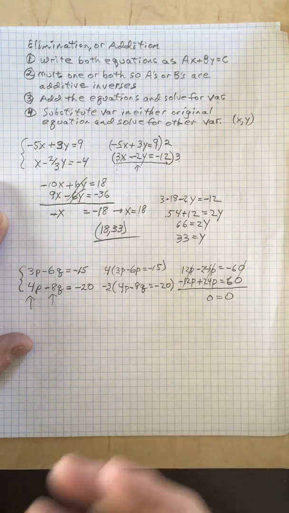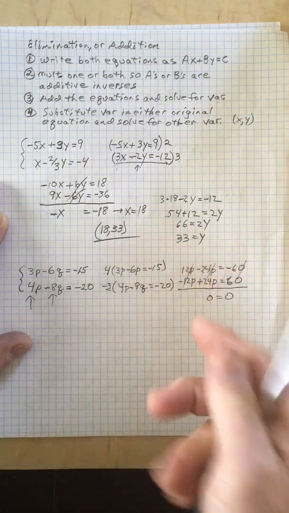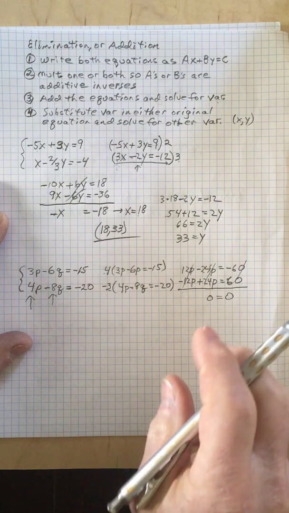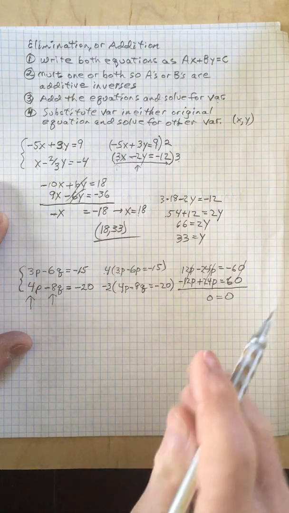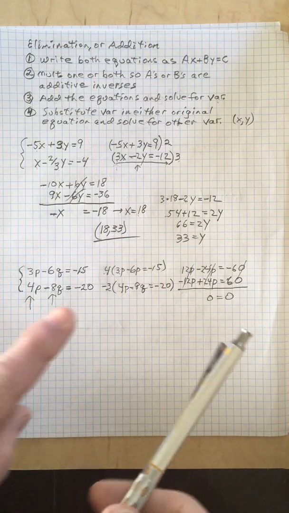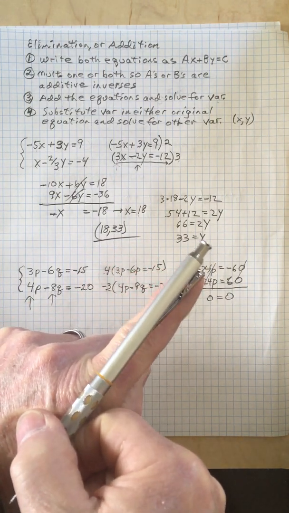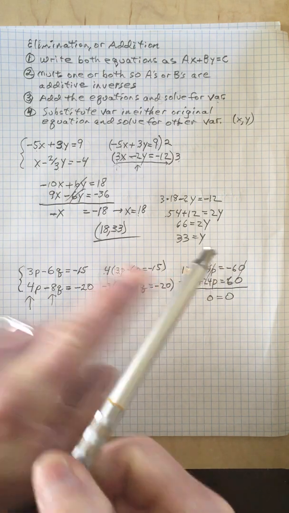0 equals 0 is always true. It doesn't matter about P and Q. You're always going to get a true thing here. So what does that mean? That means no matter what P and Q are, I have a solution. So what I have here are 2 lines on top of each other.